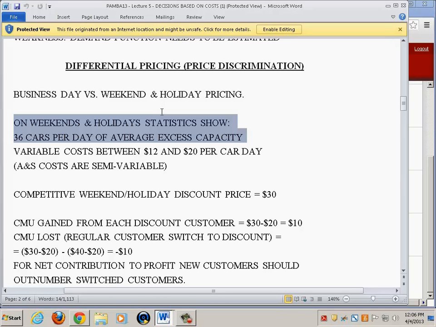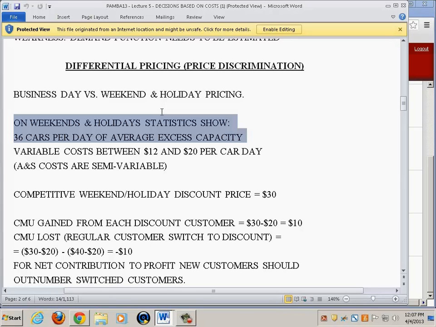So the question is, what could you do to increase your demand on weekends and holidays? Increase your demand by other customers than business customers who don't need to be there.